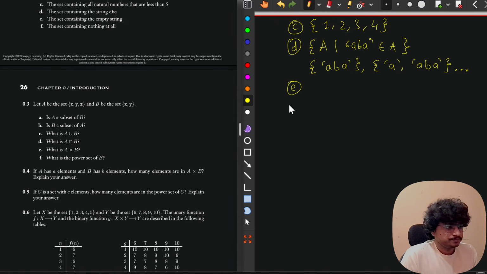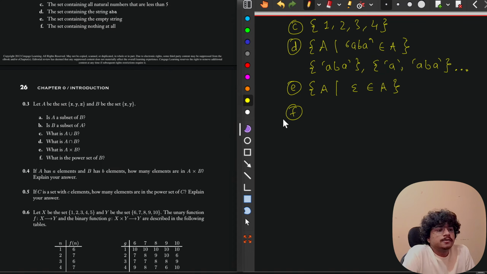E part, the set containing the empty string. It's like set A, and the empty string is part of A. Well, I can interpret the previous one two ways.